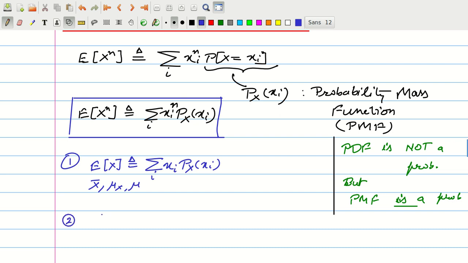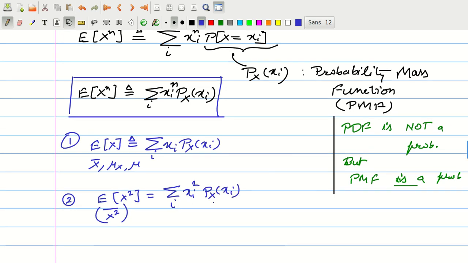When n is equal to 2, we get E of x square, the second moment, which is also denoted by x square bar, as summation over all i of xi squared px of xi.